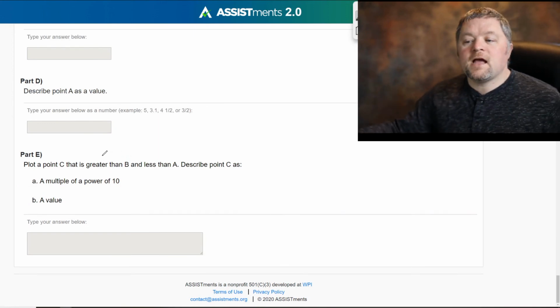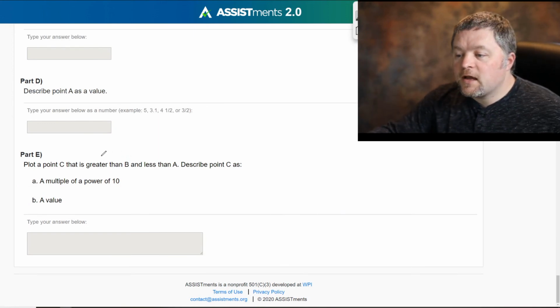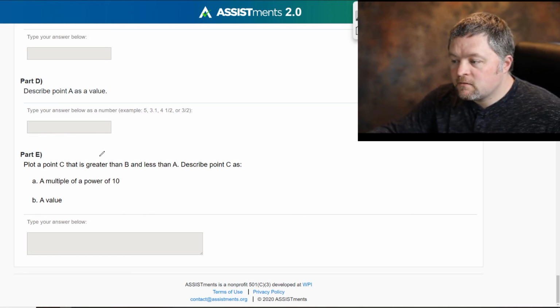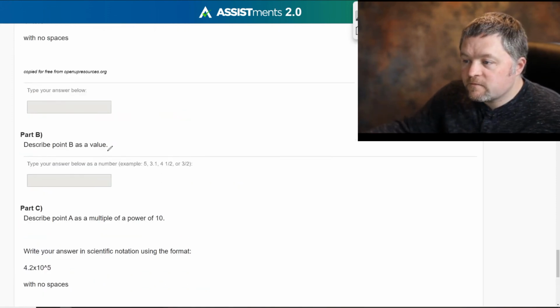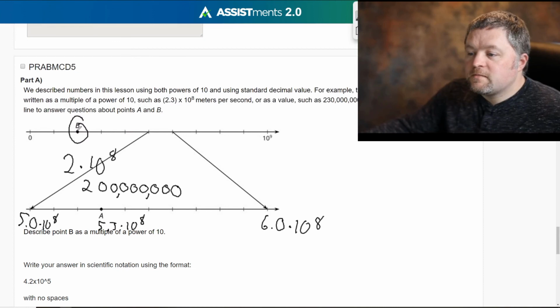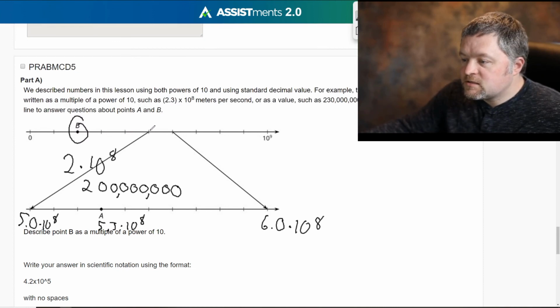Then our last question on this says, plot a point C that is greater than point B and less than point A. Describe it as a multiple of the power of 10 and as a value. So that means you can choose anywhere on this number line between B and A, which is approximately here.